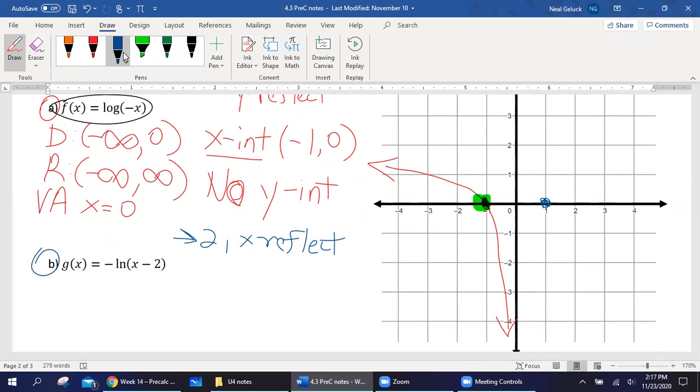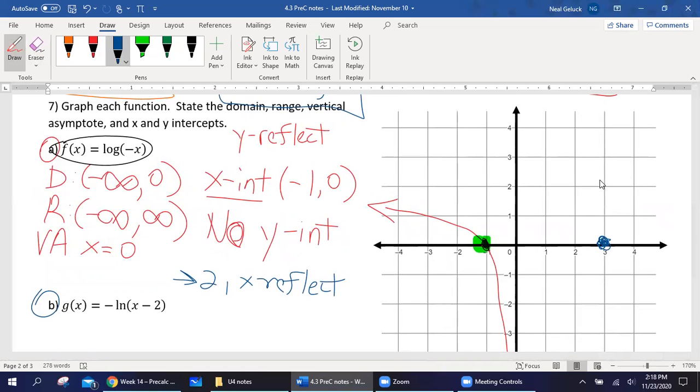That's going to go to the right 2. So I know it's going to hit at 3, 0. And then the graph, instead of shooting up, it's going to be reflected. So it's going to be shooting down and out. So what this is going to end up looking like is hugging the line x equals 2, because the asymptote that was the y-axis also moved over 2, and we're hitting at 3, 0.